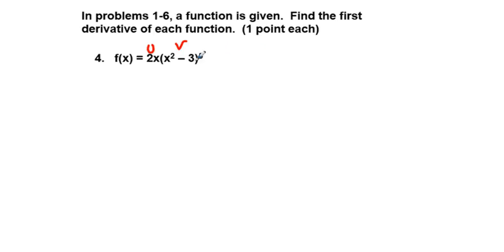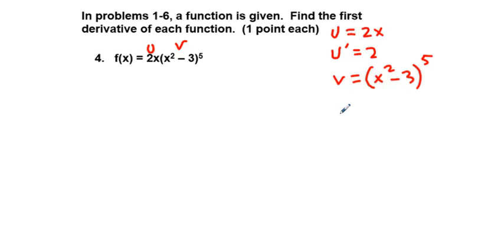And then we'll organize this on the right: we call the u 2x, and the u prime we're going to call 2. The v we're going to call quantity x squared minus 3 to the 5th power, and the v prime is going to take a little work.